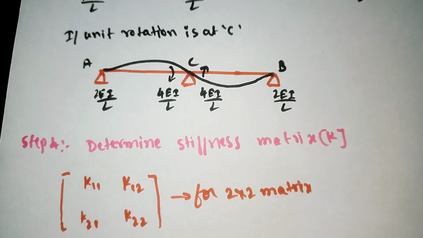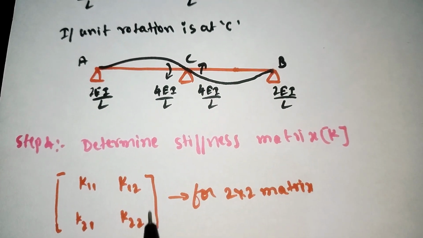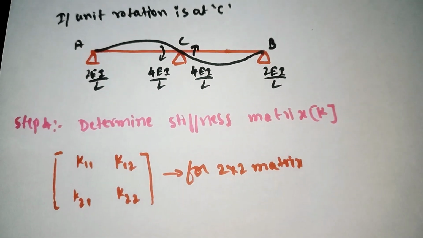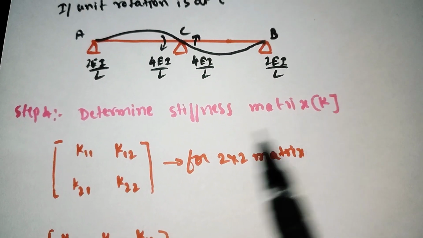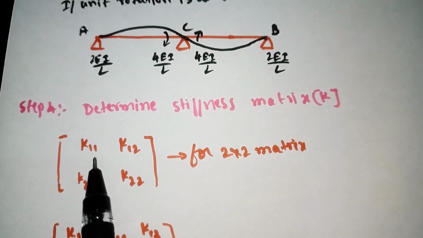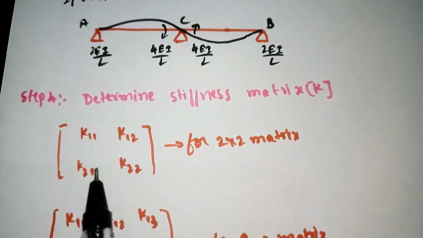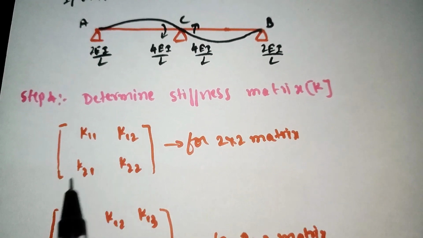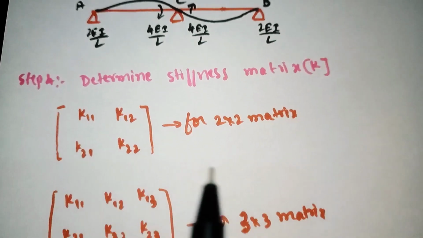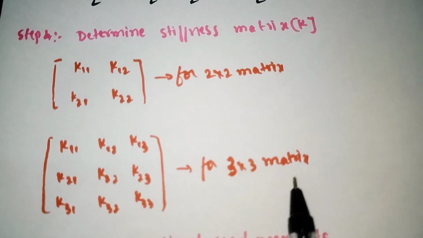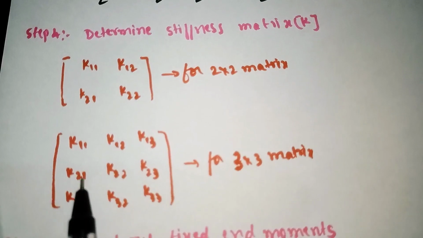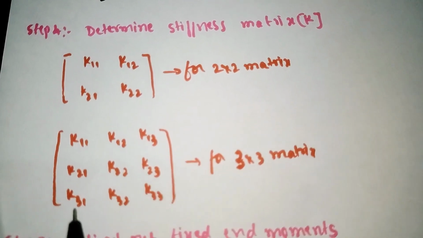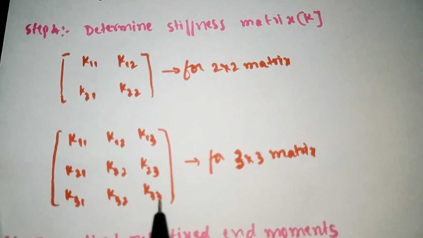Our step number 4 is to determine the stiffness matrix. The stiffness matrix is denoted as K. For a 2 by 2 matrix it is K11, K12 and K21 and K22. For a 3 by 3 matrix it is K11, K12, K13, K21, K22, K23 and K31, K32, K33.